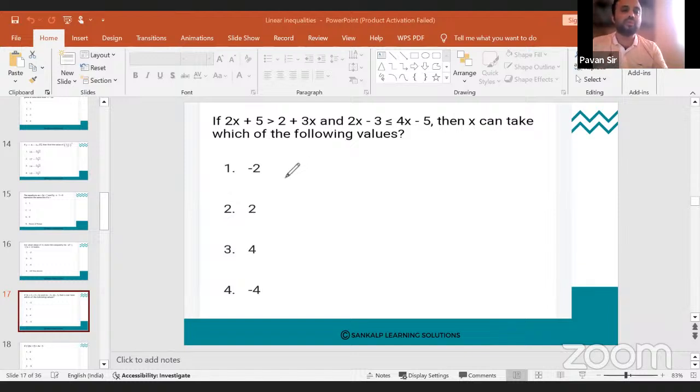Option A is minus 2, option B is 2, option C is 4, option D is minus 4. Try to give the answer.